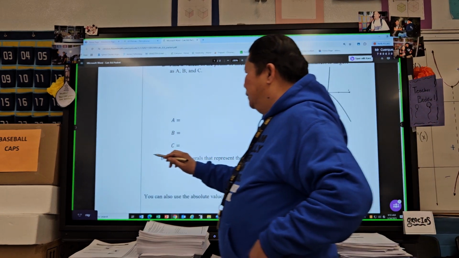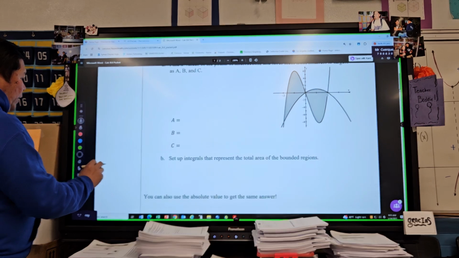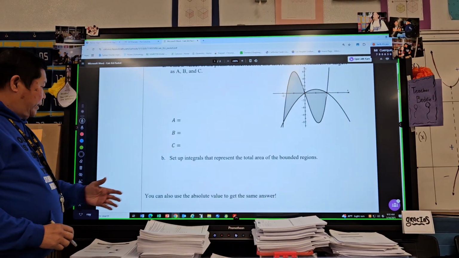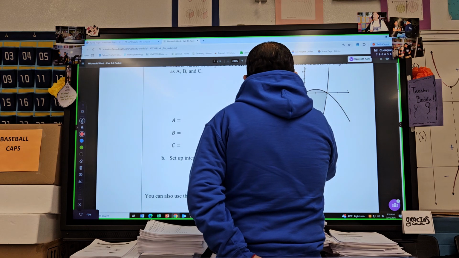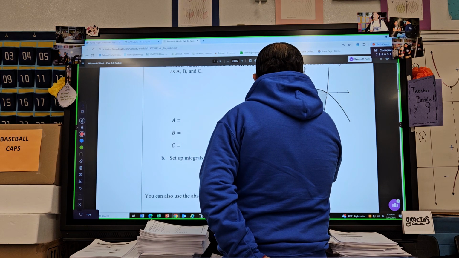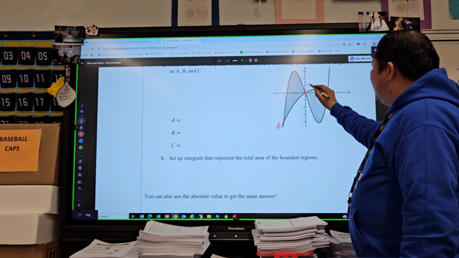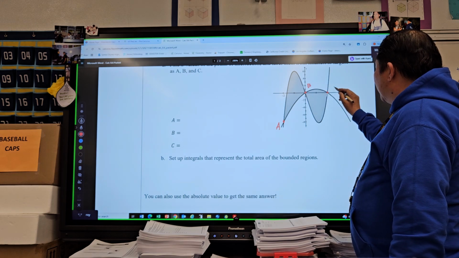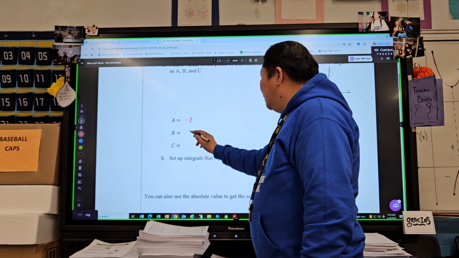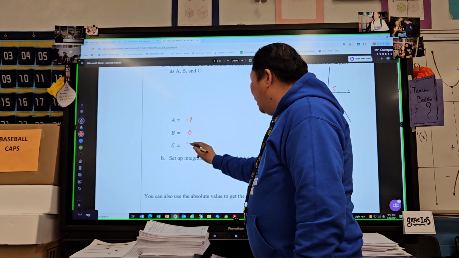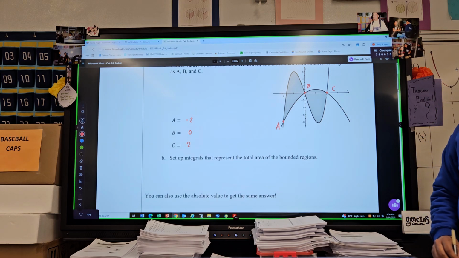So we're gonna set up the integrals. What's the first intersection? It's gonna be A, and then this one is B, and this one is C. So we all know that these are negative 2, 0, and 2. And this time we're gonna set up the integral.